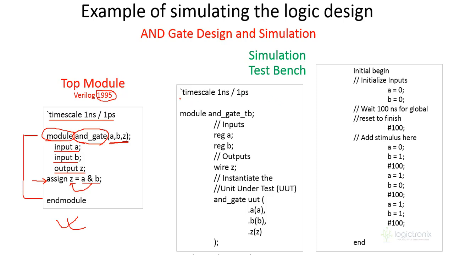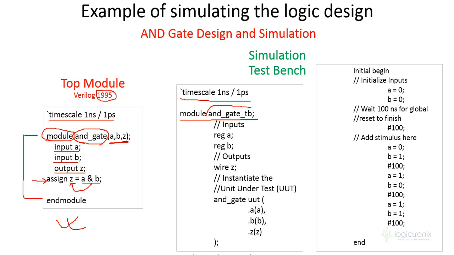Like in the top module, we have the timing directives. Another thing is the module declaration. The module name is different from the top module. So this is the top module, and this is the simulation test bench. The simulation module is called the test bench.